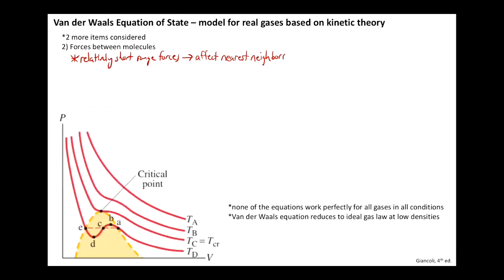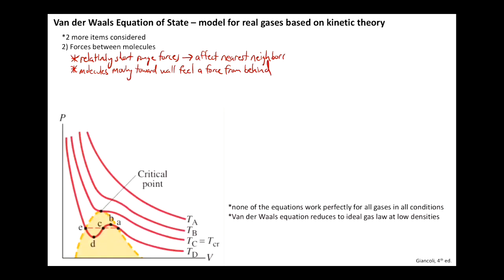So think about what this would do to the forces on the walls of the container, which we translated over into pressure. You could imagine that molecules moving toward a wall feel a force from behind.